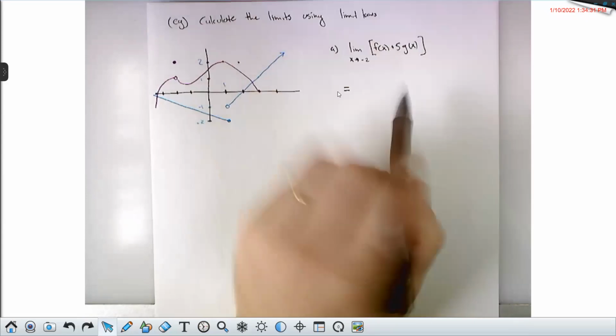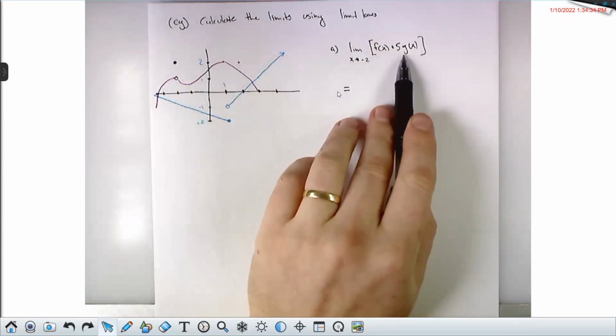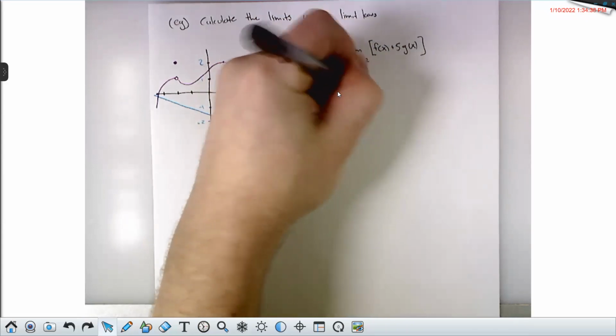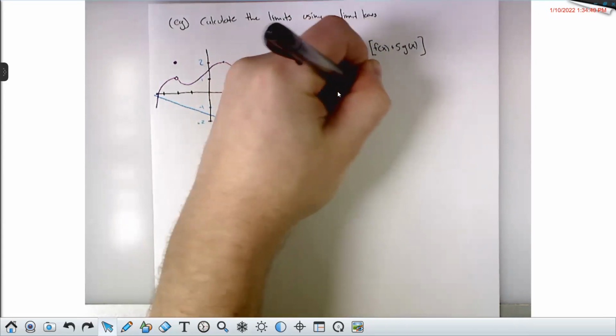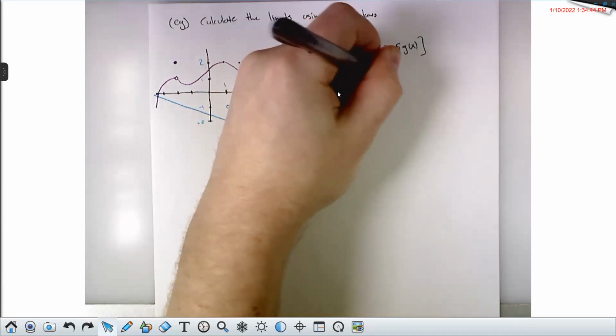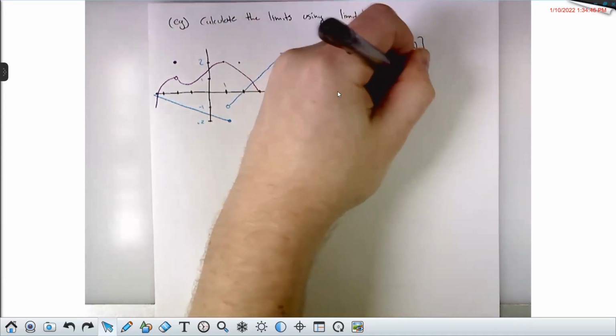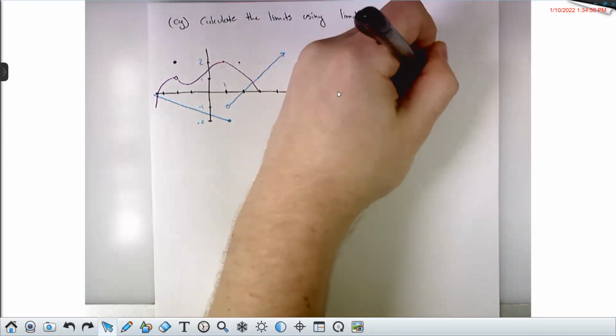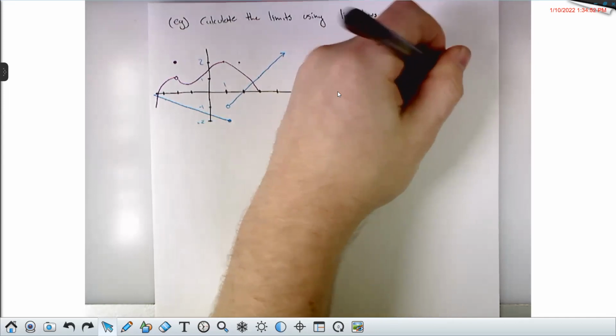Our first limit law says if you have a sum of two functions and you're trying to take the limit of that, then you can take the limit of each part of the sum. So that's the limit as x goes to -2 of f of x plus the limit as x goes to -2 of 5g of x.